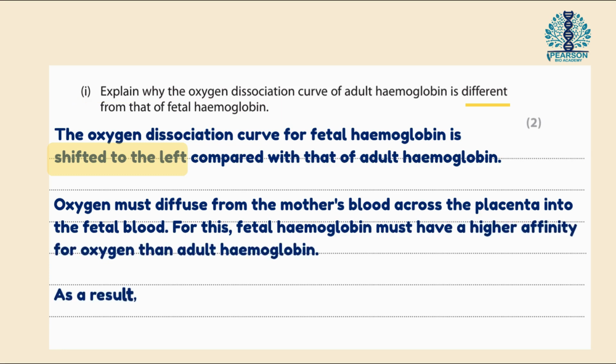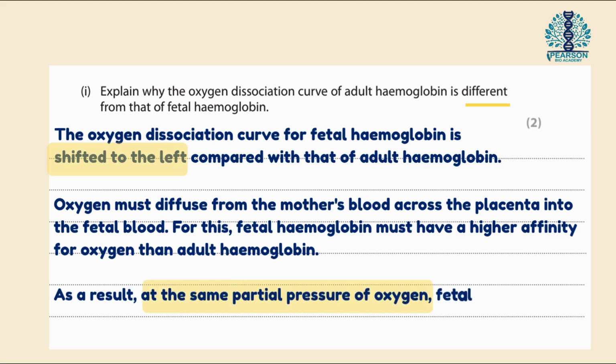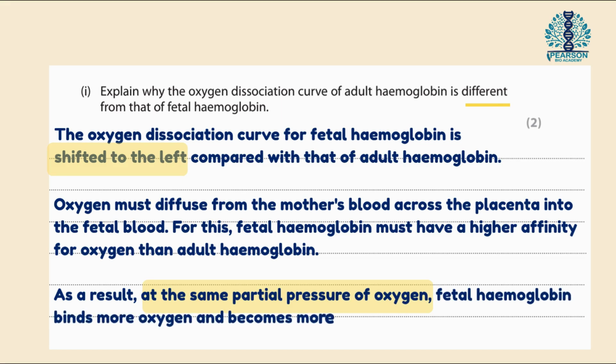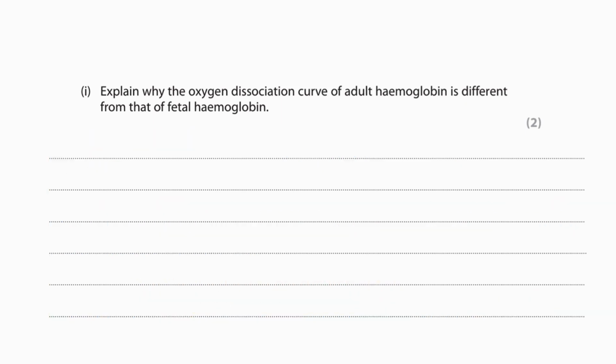As a result, at the same partial pressure of oxygen, fetal hemoglobin becomes more saturated than adult hemoglobin. That's the key point. So you have to use these words: same environment, different affinity, different saturation levels, which makes this happen.